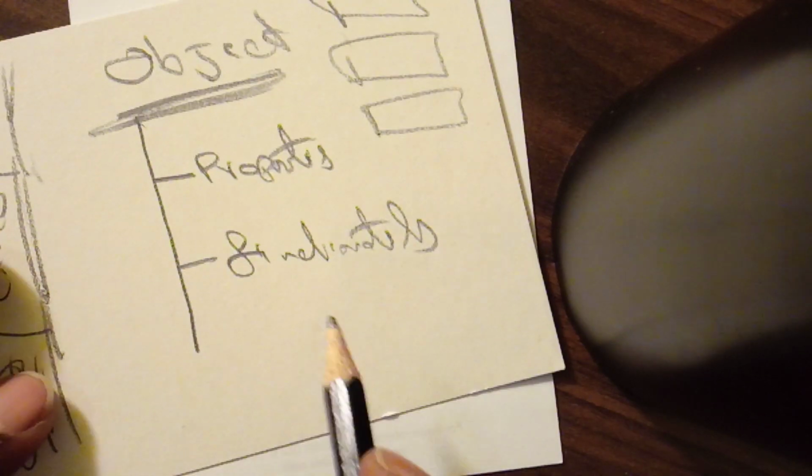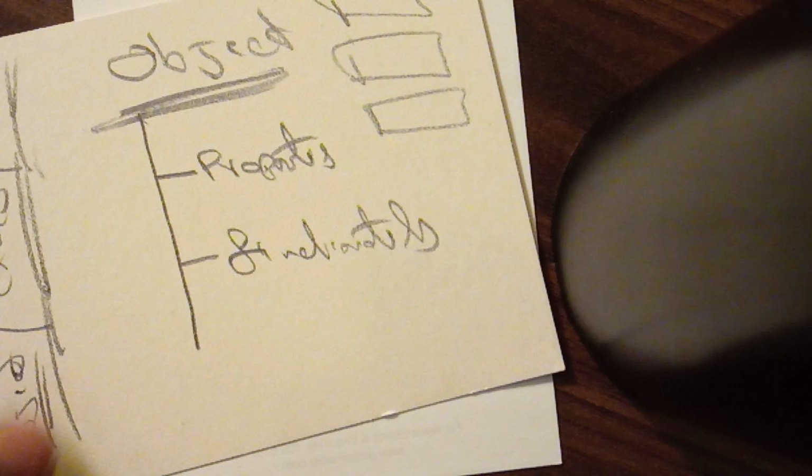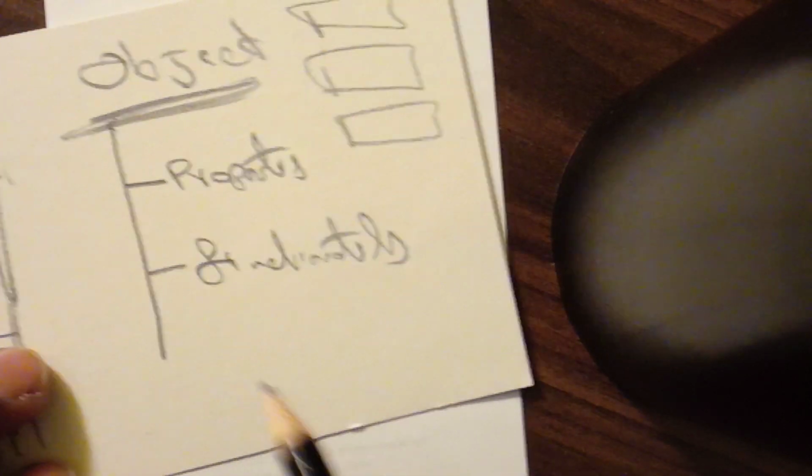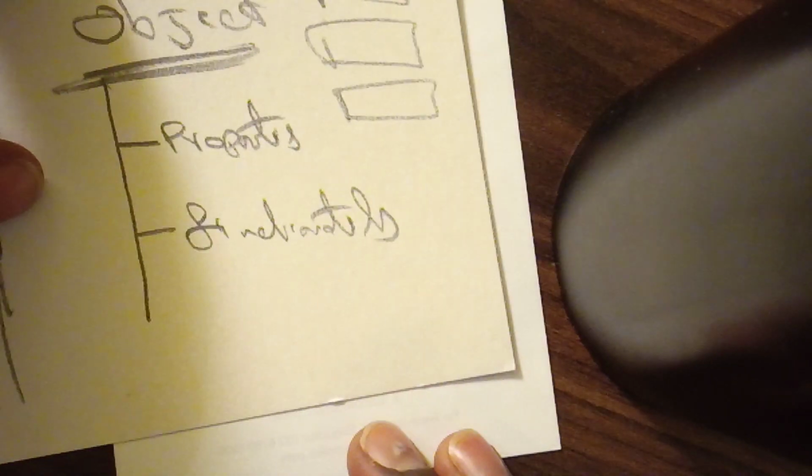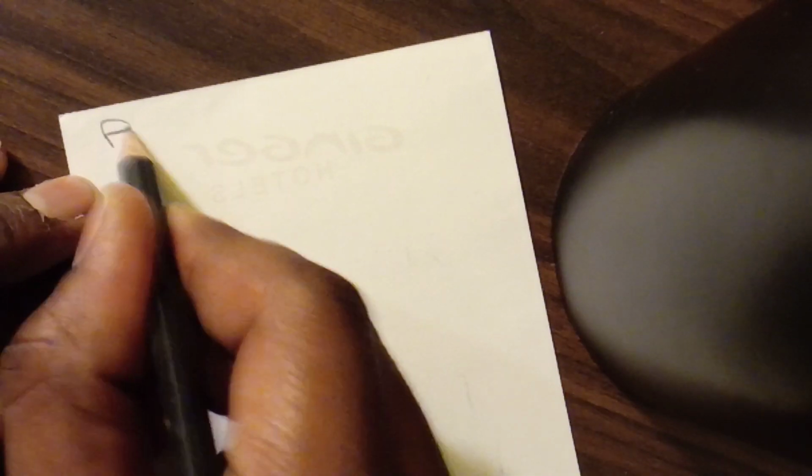Functionality. Properties means, if you take this pencil, it has some properties: what is the length of the pencil, what is the color of the pencil, what is the name of the pencil. These are the properties. Let's take properties first.